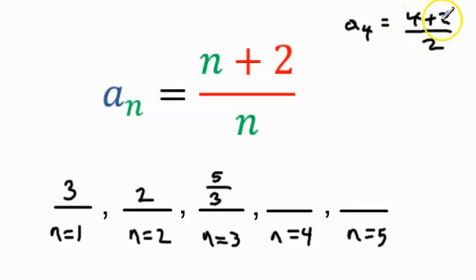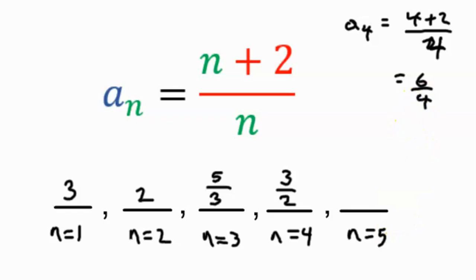Let me fix that. Should be 4 here. So 4 plus 2 is 6. And we're putting that over 4. So our fourth position is going to be 6/4. We can simplify this to write 3/2.